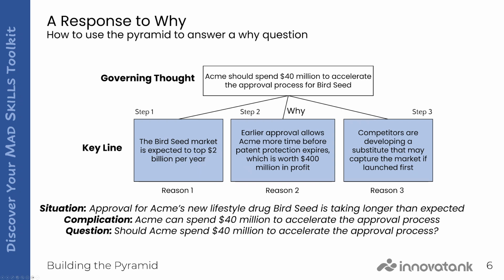We can do the same thing in terms of why. Acme should spend $40 million to accelerate the approval process for birdseed. We've got a number of key lines here. We've got a $2 billion per year market. We've got early approvals allowing us to make more profit for Acme than if we don't get that early approval. But we also have competitors developing that.